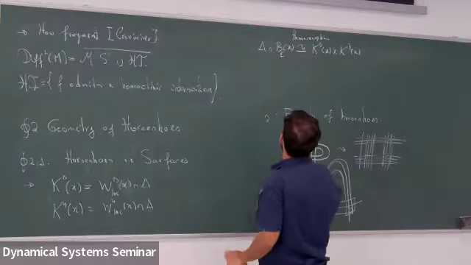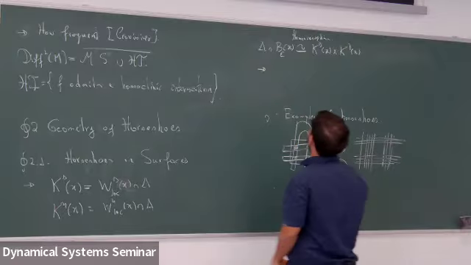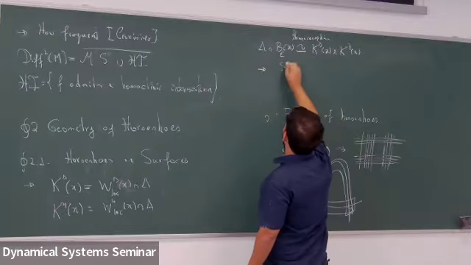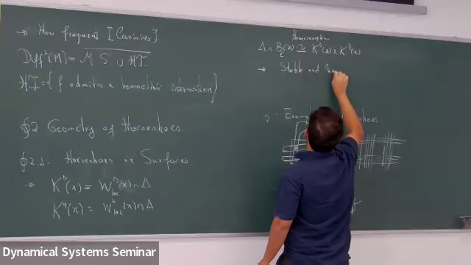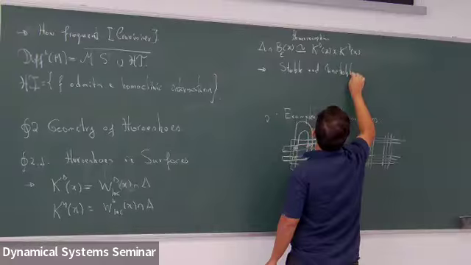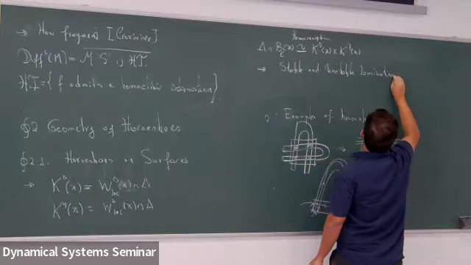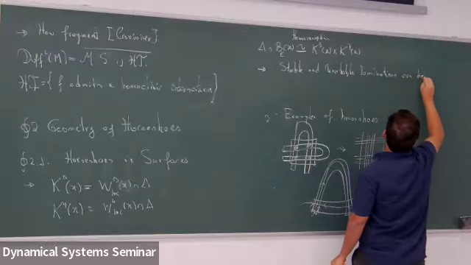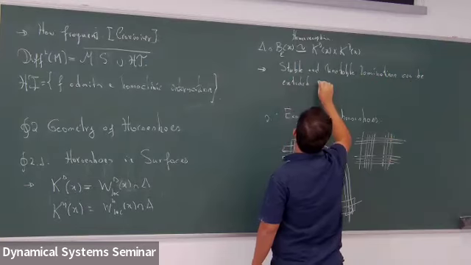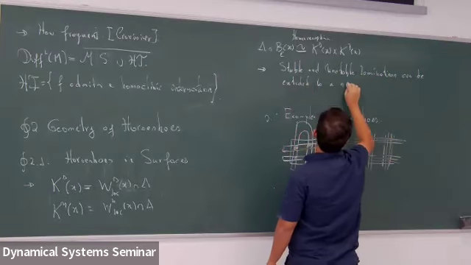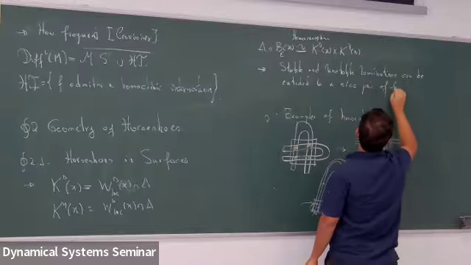So in this setting, in dimension 2, you get, let me put it as a nice property, that stable and unstable laminations can be extended to a nice pair of foliations.